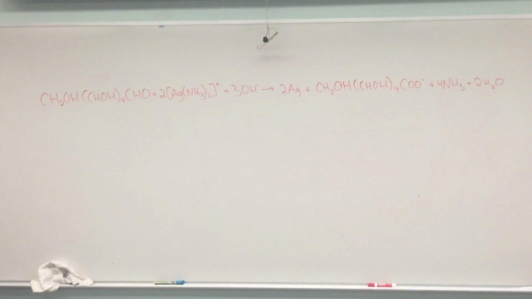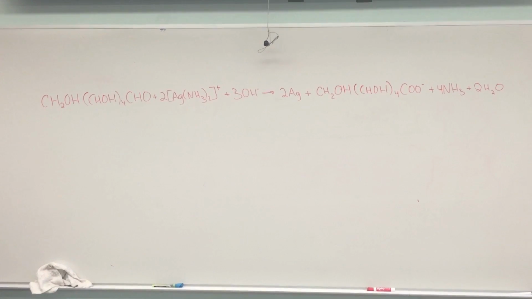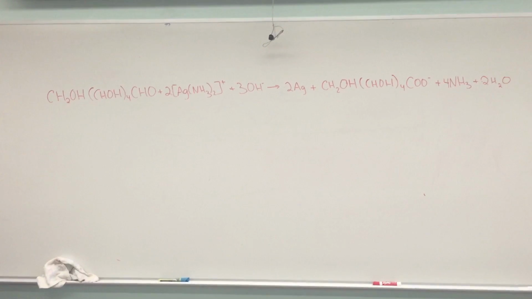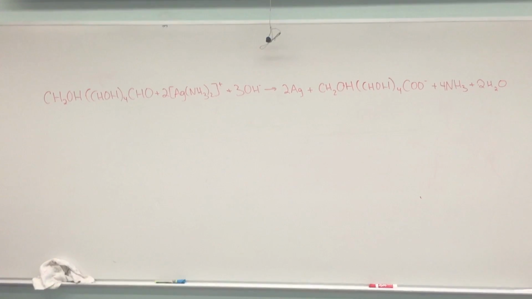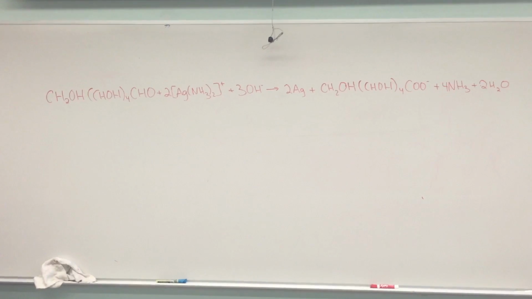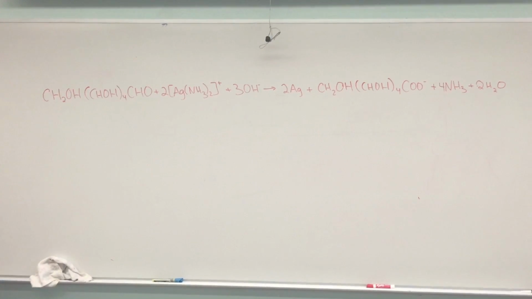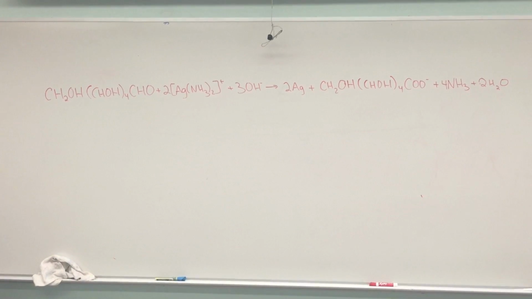Now let's take these concepts and apply them to our experiment. As you can see, we have the chemical formula for the reaction between dextrose and the silver diamine ion, which yields metallic silver. This will be deposited on the walls of the flask in the form of a reflective mirror.